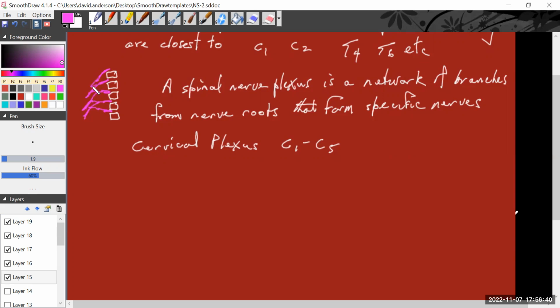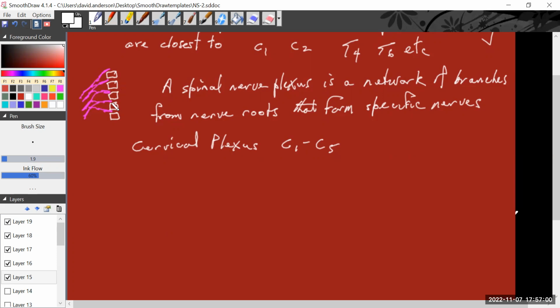So they branch and form nerves that will have specific names and responsibilities. So you see where the network comes from, the network of branches that I'm talking about. In the cervical plexus, it's C1 through C5, forming branches with nerves that have specific responsibilities.